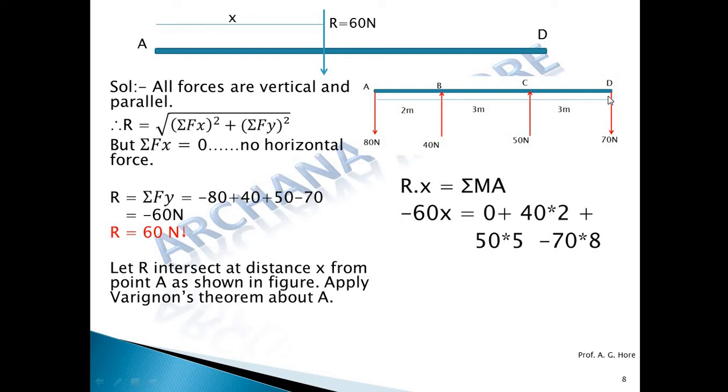Then the last force at point D, 70 Newton, rotates clockwise, so minus 70 into perpendicular distance from A, 2 plus 3 plus 3, that is 8. Now calculating the x distance by simplifying, x is equal to 3.83 meter to the right of point A. So this is the solution of the given numerical.